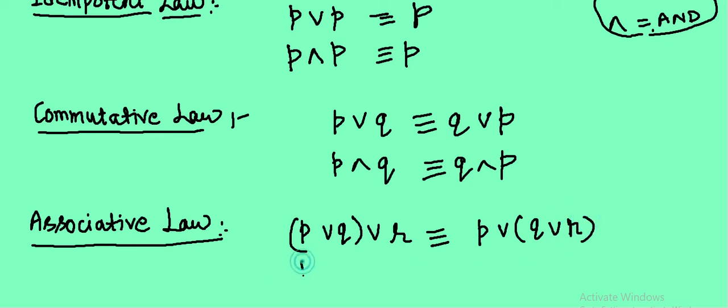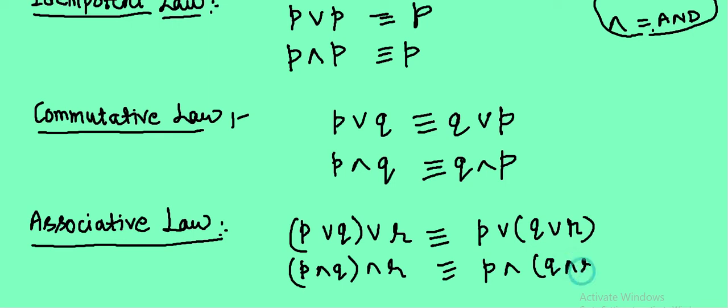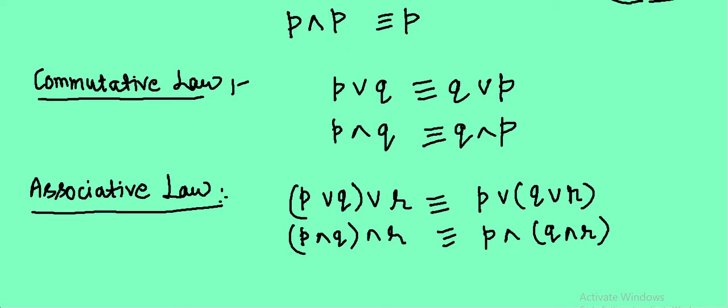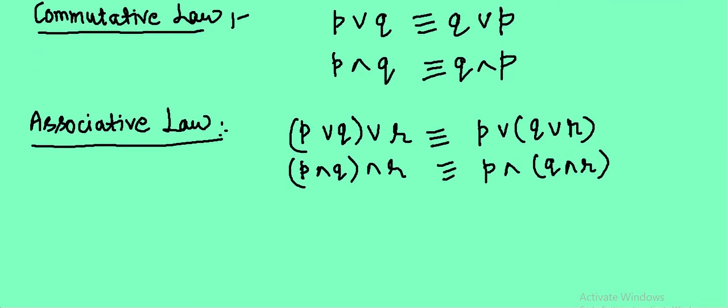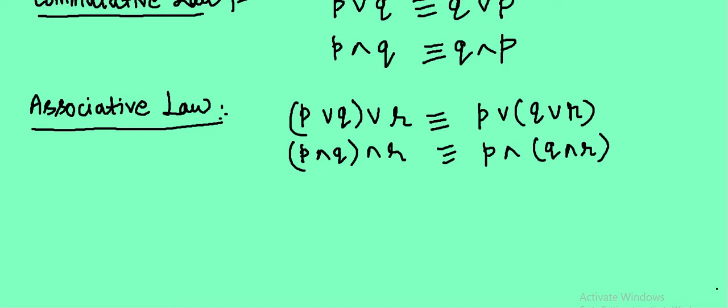Again, for the case when we have conjunction of P and Q, then R, it will be equivalent to taking the two groups, P with the conjunction of Q and R, right? So this will be equal, right? You can verify it by taking the values for P, Q and R, right?